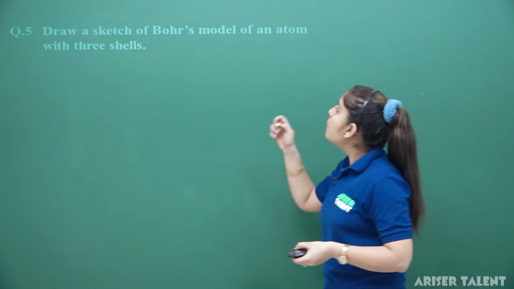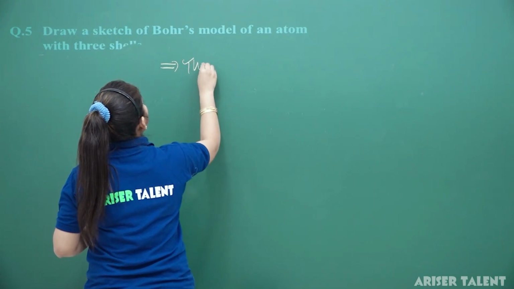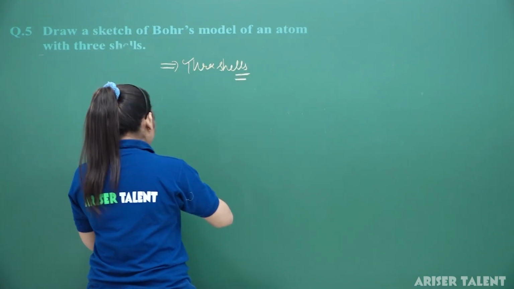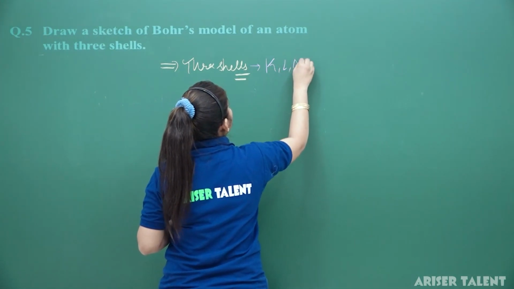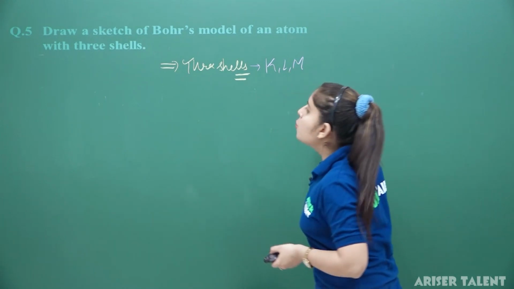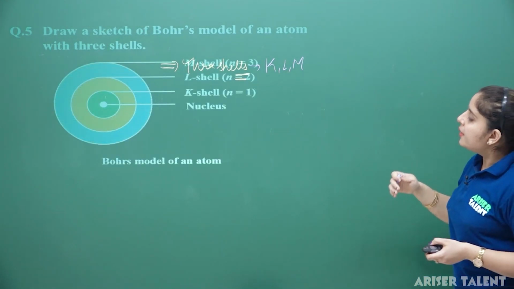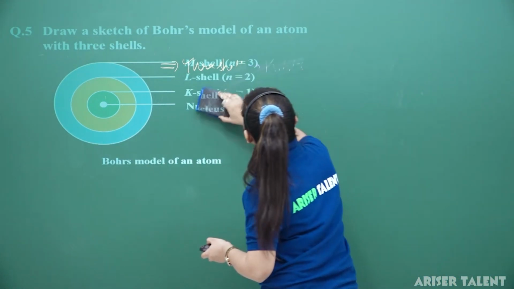As we know, Bohr's model of an atom consists of shells, and these shells are designated as K shell, L shell, M shell, and so on. We have N shell, that is the 4th shell. So here is a sketch of Bohr's model of an atom.